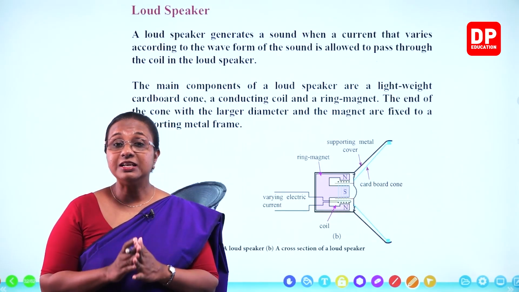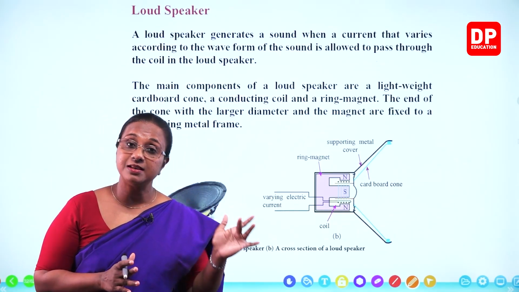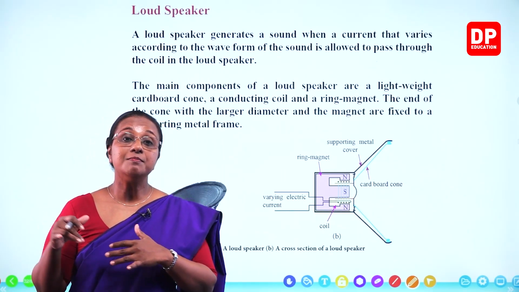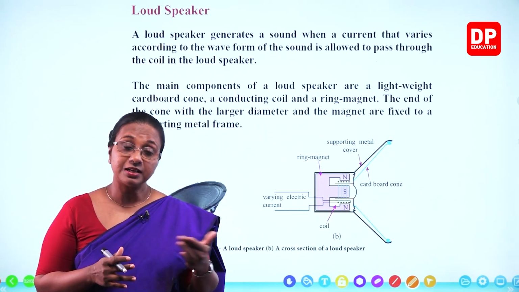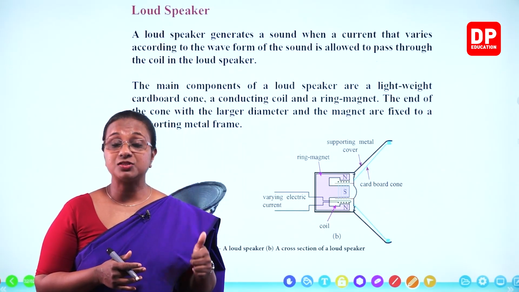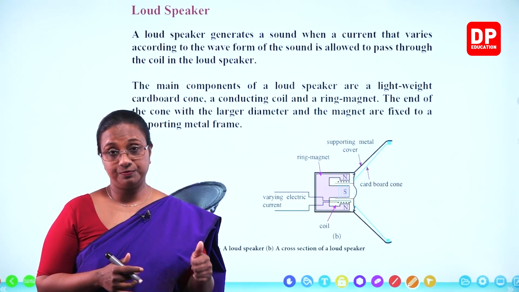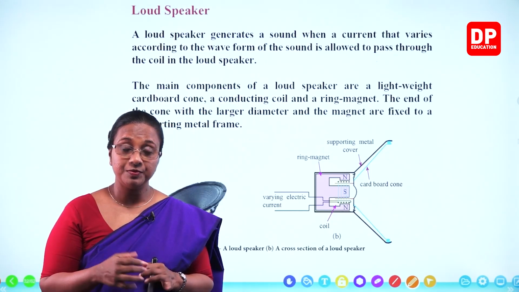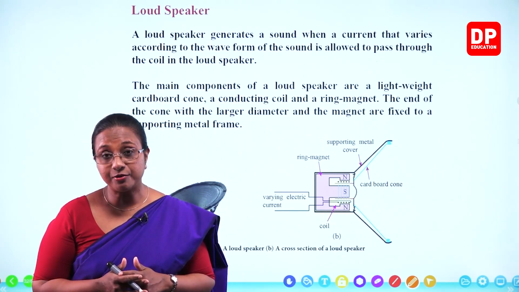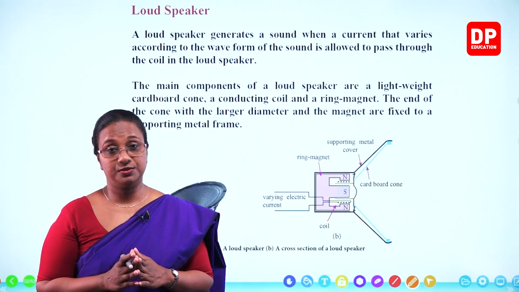Thereafter, to determine the direction of the force, we use Fleming's left-hand rule. Before that, when we saw the magnetic field induced in a current carrying conductor, we used two rules. You all can remember the Maxwell corkscrew rule and the right hand grip rule. Thereafter, we use Fleming's left hand rule in order to identify the direction of the force.